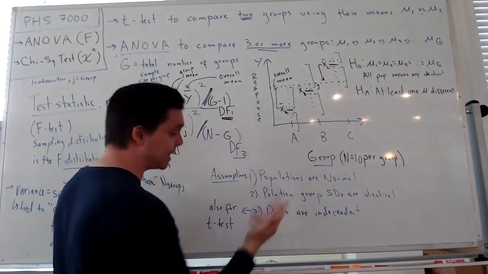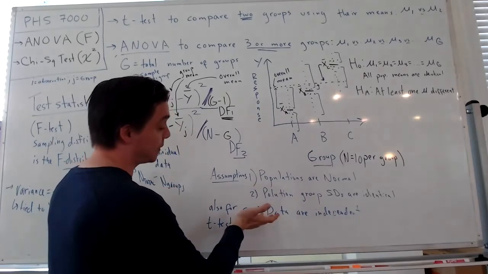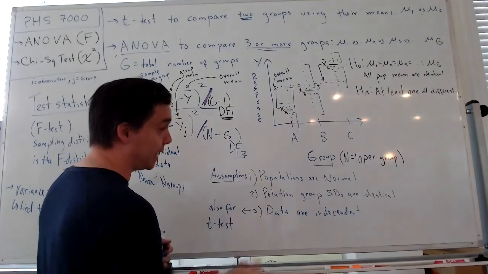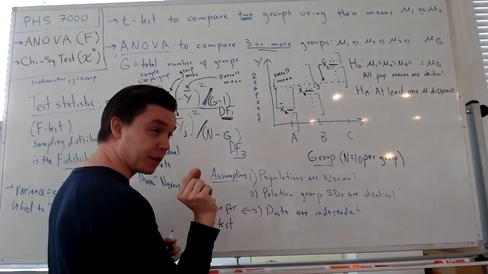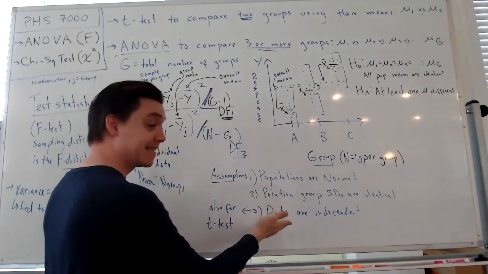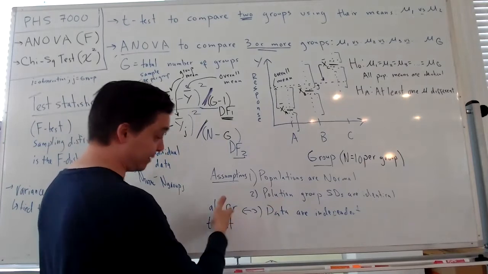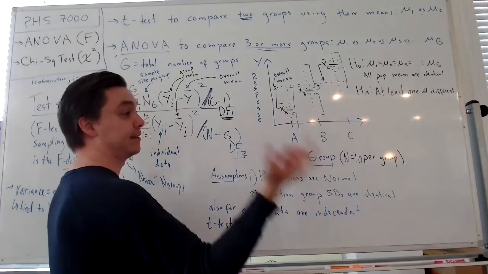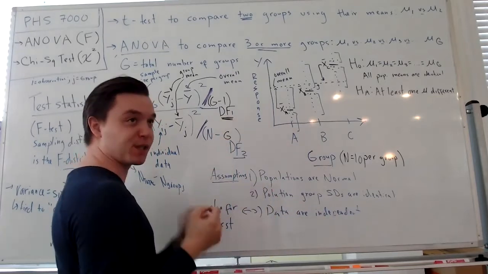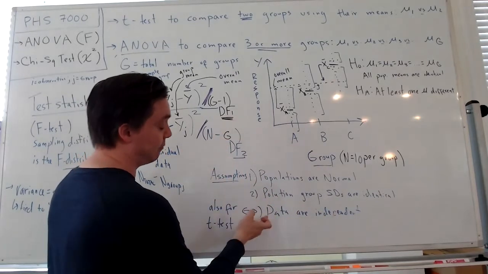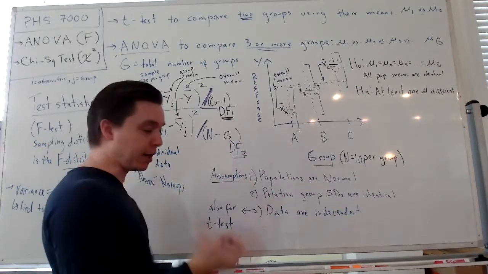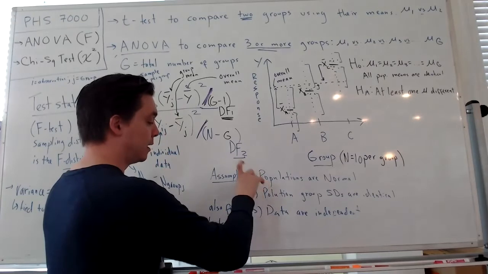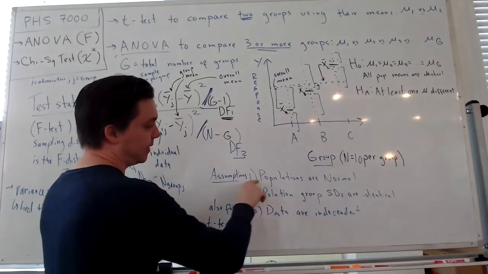But we also make it for the t-test, and we have to think, well, if the data were actually recorded over time, then probably they're not independent, because observations that were near each other in time are going to be more similar than the ones that are far apart. Similarly, if we're collecting data in space, then the observations that were nearer to each other in space are probably more similar than the observations that are far apart. It's actually called Tobler's first law of geography. Can be difficult to verify.